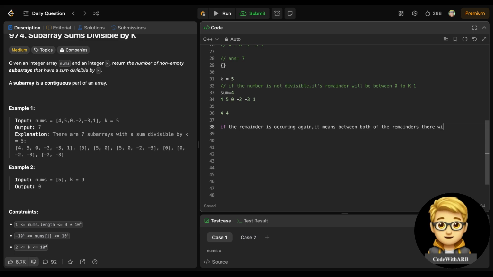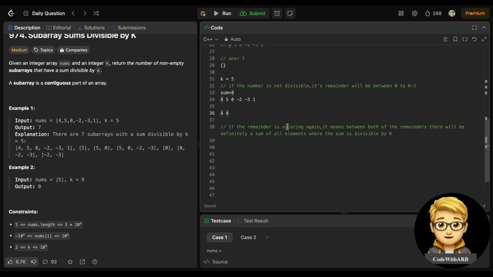there will definitely be a sum of all elements where the sum is divisible by k. This is the meaning of getting the same remainder.